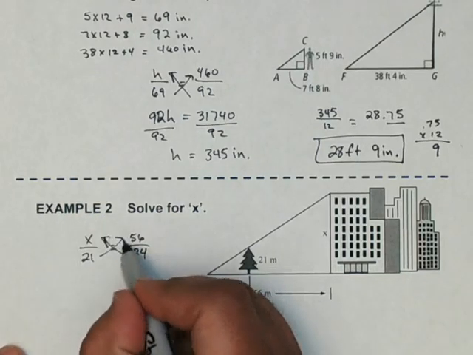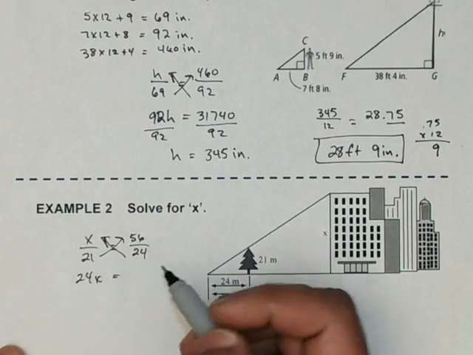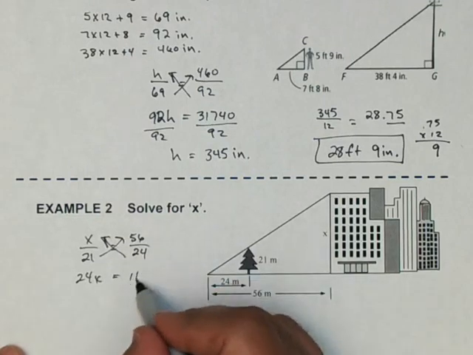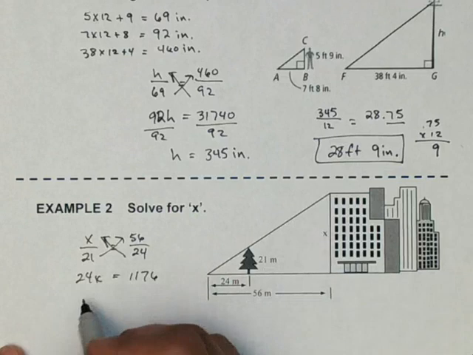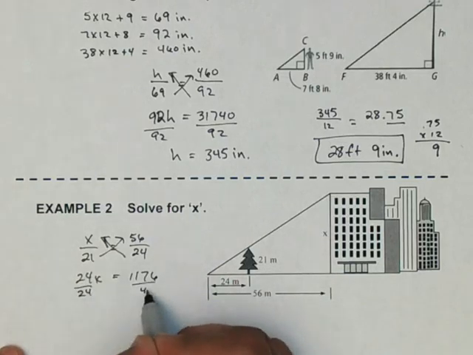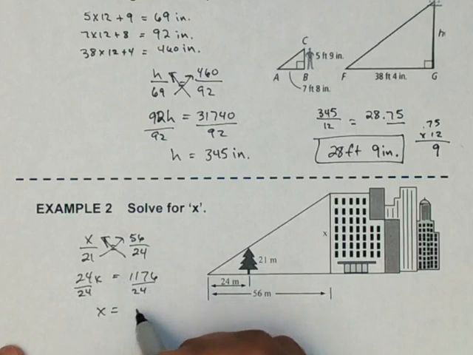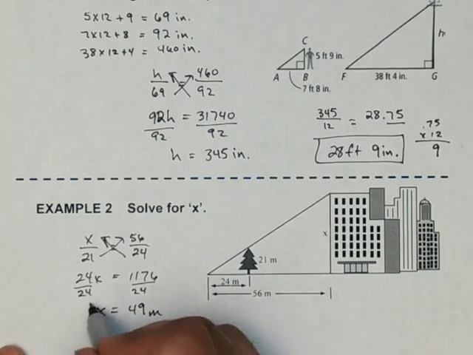Cross multiplying, we get 24x equals 1176. Divide by 24. X is going to be 49 meters.